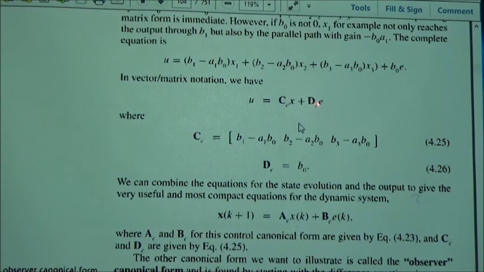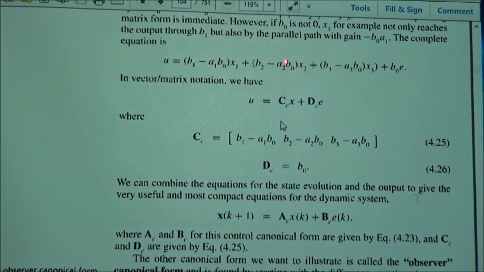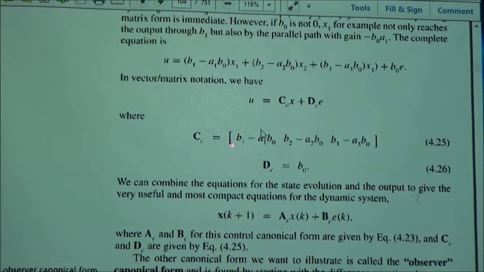And then the input-output matrix D is simply B0. Notice that if B0 were 0, then all of these terms will disappear. Then your output matrix would be B1, B2, B3, and D will be 0.